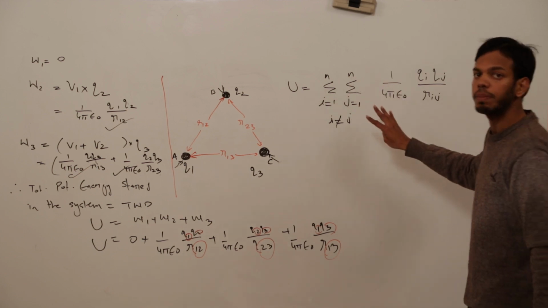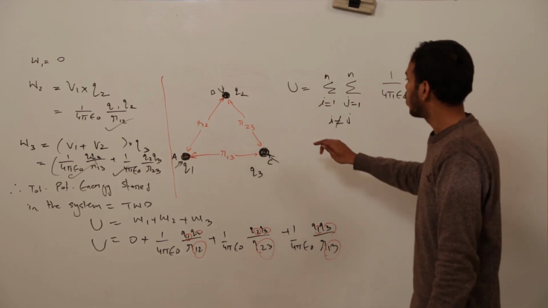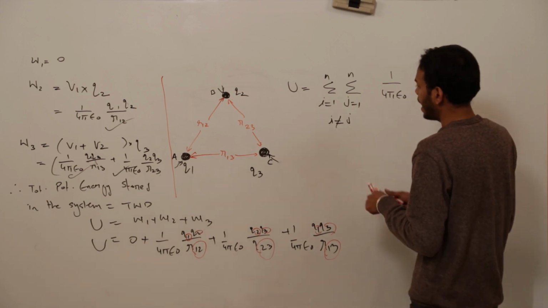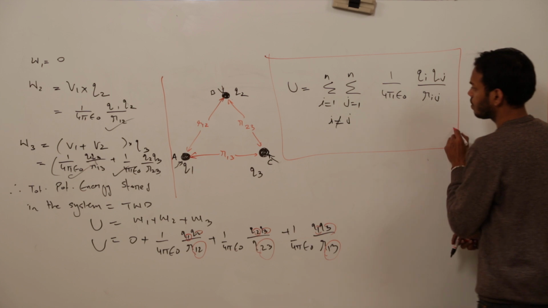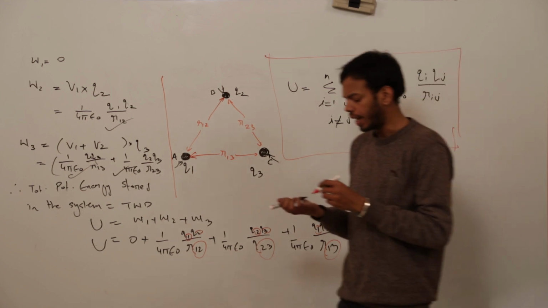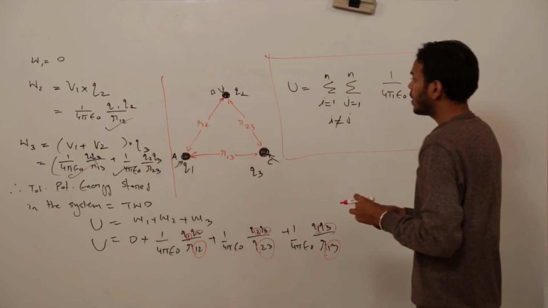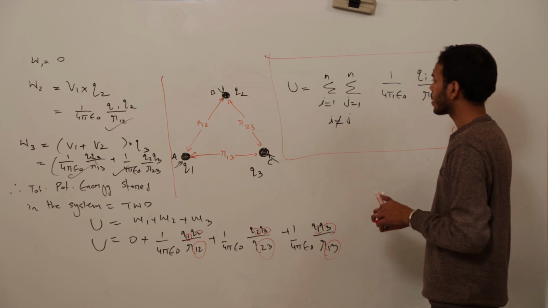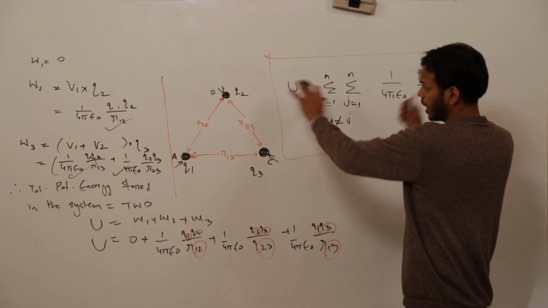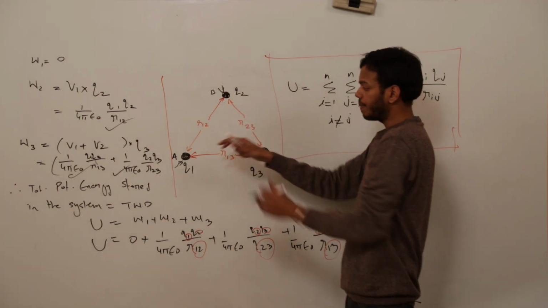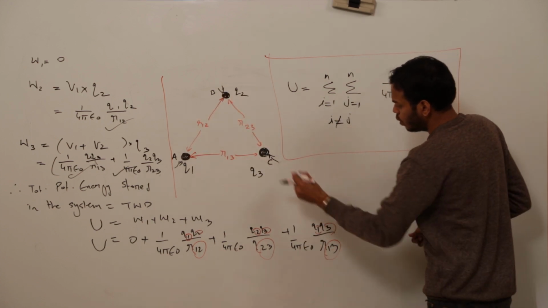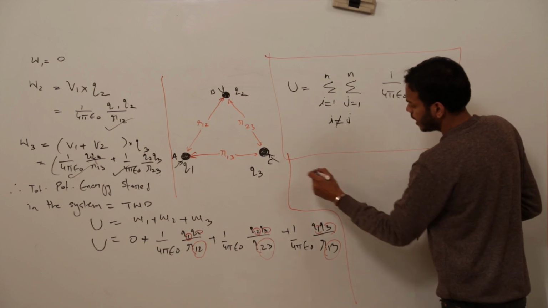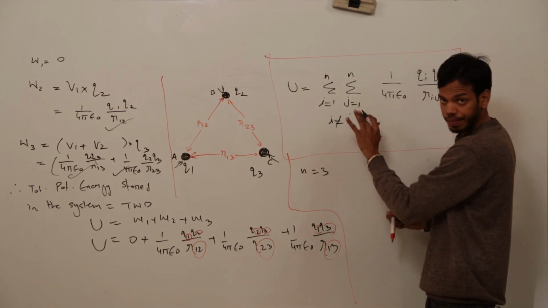This partially completes the formula, not completely. What have I left in this formula? Can you figure out? Think for a while. What is left in the system? See, consider this example. There are three charges. That means n is equal to 3, right?